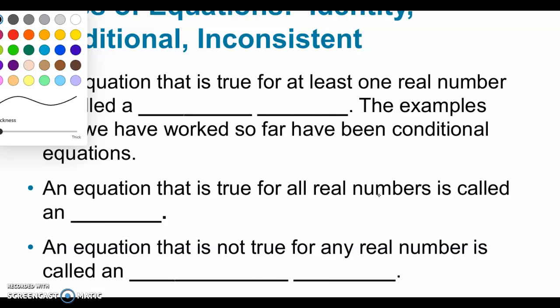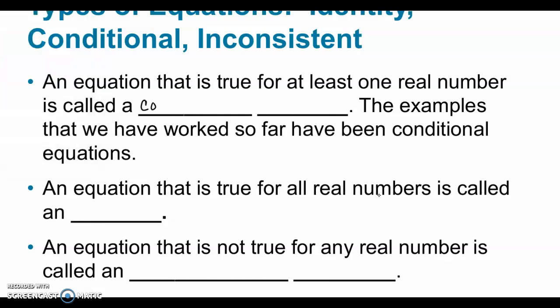That leads you to an equation that is called a conditional equation. So if your equation is true for at least one real number, it's called a conditional equation. An equation that's true for all real numbers is called an identity. An equation that is not true for any real number is called an inconsistent equation.